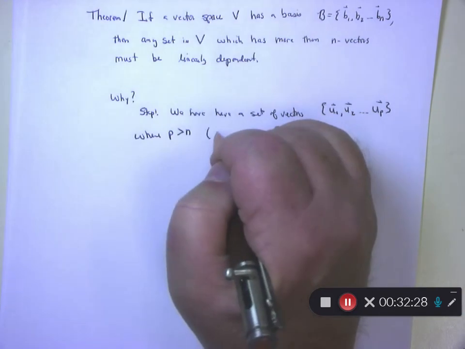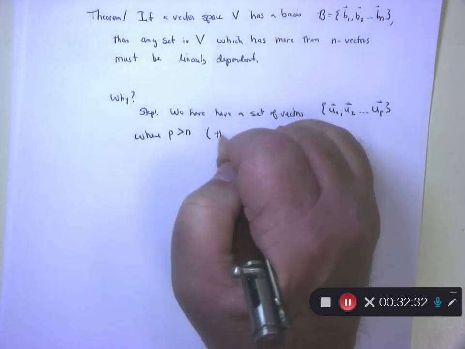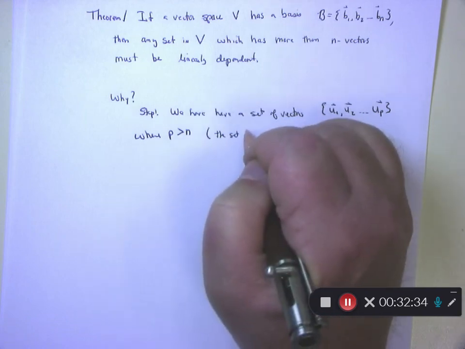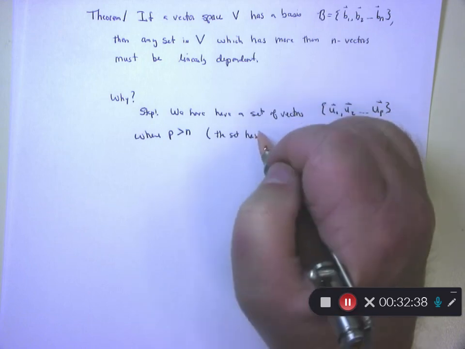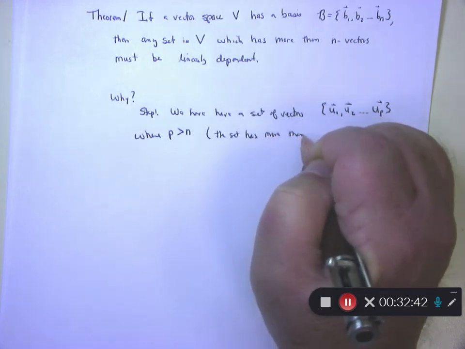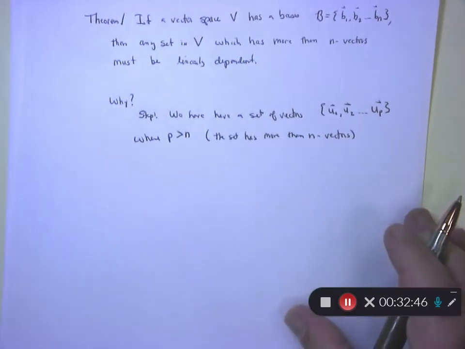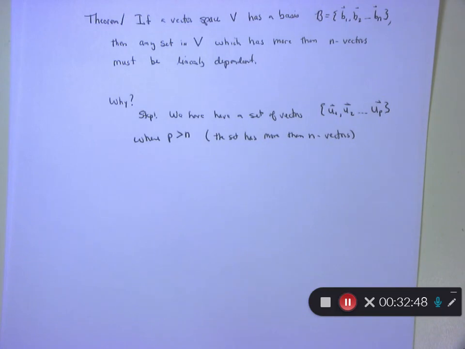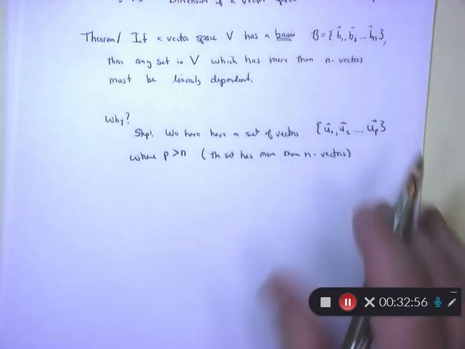What that means is the set has more than n vectors. Now, this isn't a basis. This is a basis.